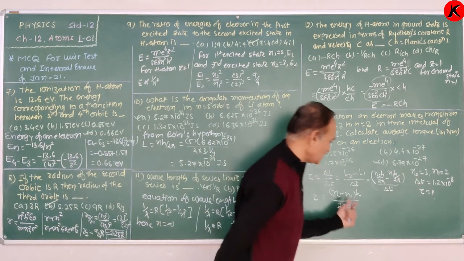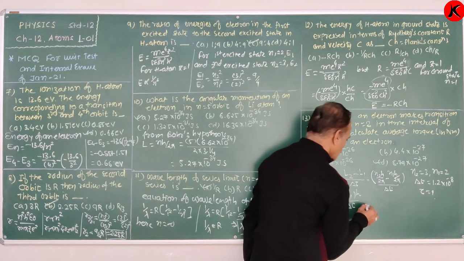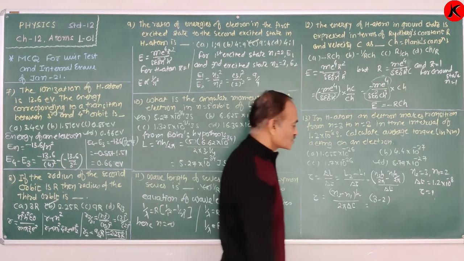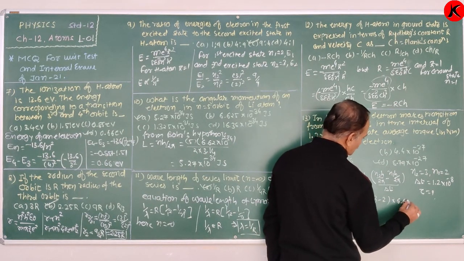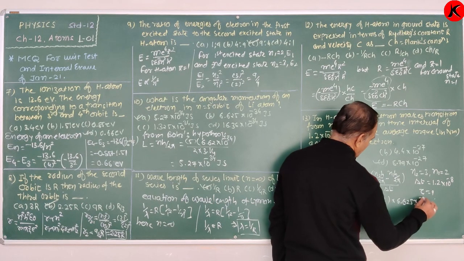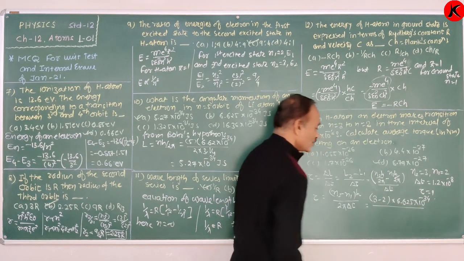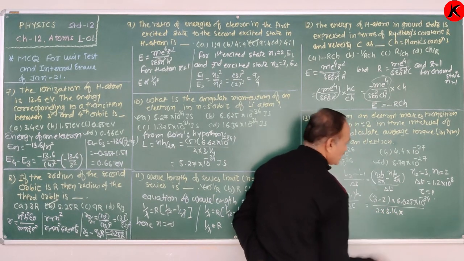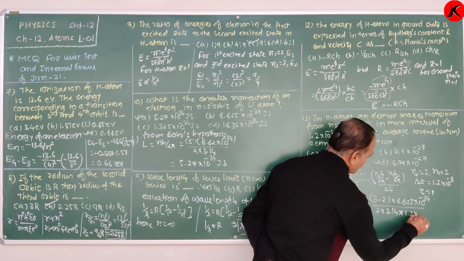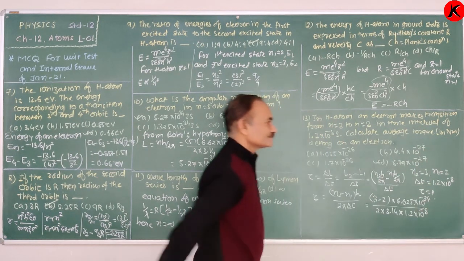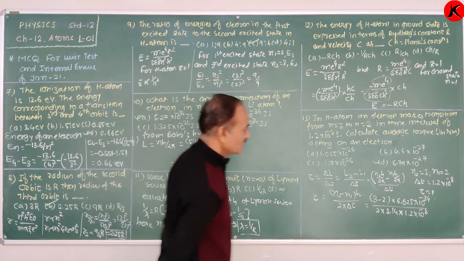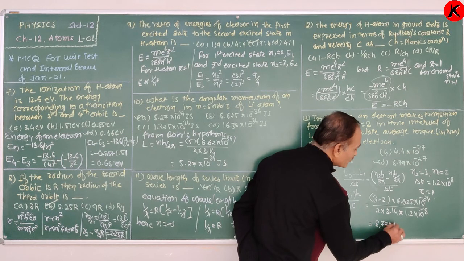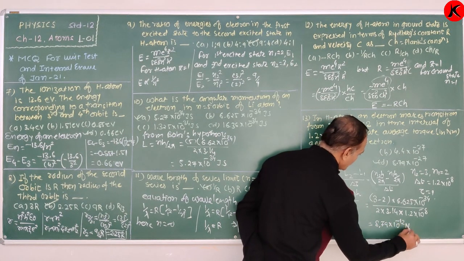Here n2 is equal to 3, n1 is equal to 2. Therefore, we substitute 3 minus 2. h is the Planck's constant, 6.625 into 10⁻³⁴ upon 2 pi, 2 into 3.14, delta t 1.2 into 10⁻⁸. As we simplify, we obtain the average torque 8.79 into 10⁻¹² Newton meter.